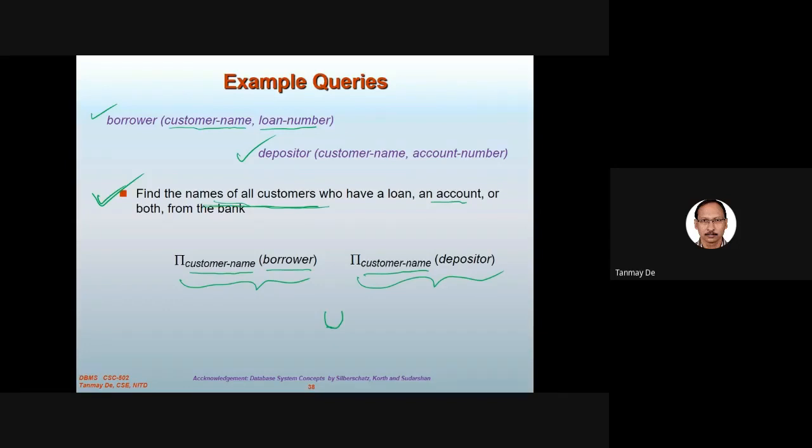Because we want the list of all customers who have a loan, an account, or both, we need to perform the union operation. Is it clear?